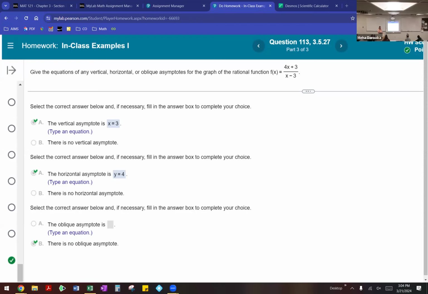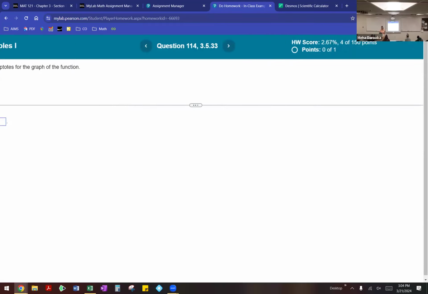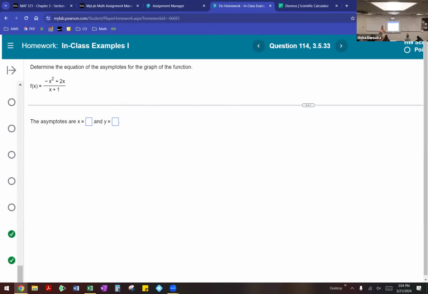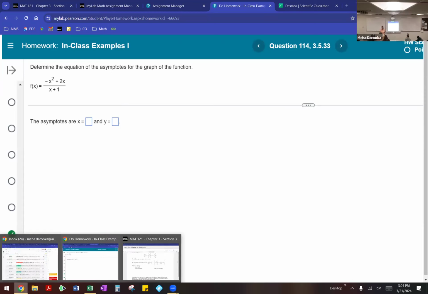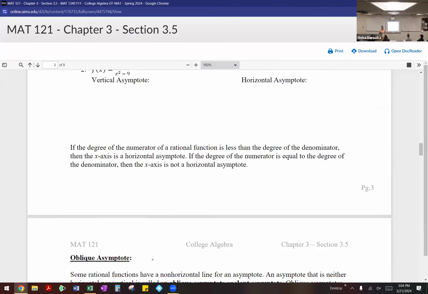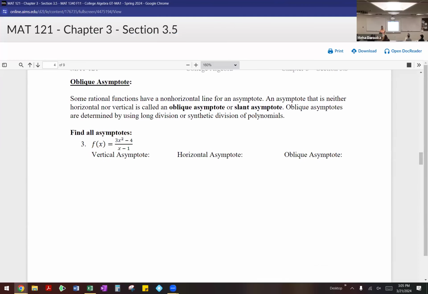No? Okay. All right, let's talk about oblique asymptotes next. So remember, for the oblique asymptote, the degree of your numerator is going to be higher than the degree of the denominator, which means you should see a larger exponent in your numerator. So oblique asymptotes, also known as slant asymptotes, are not vertical, they're not horizontal.